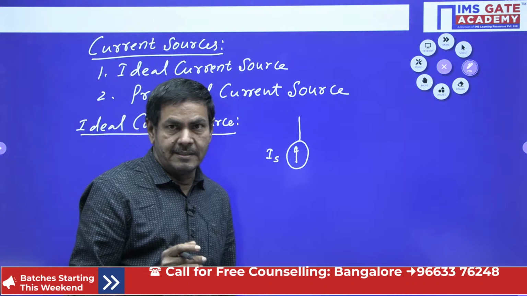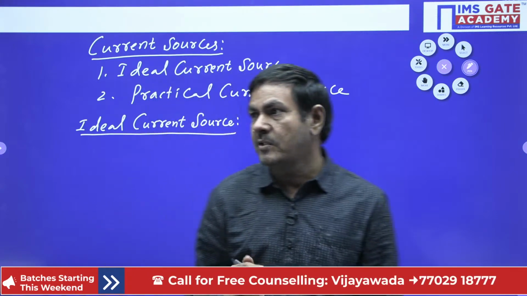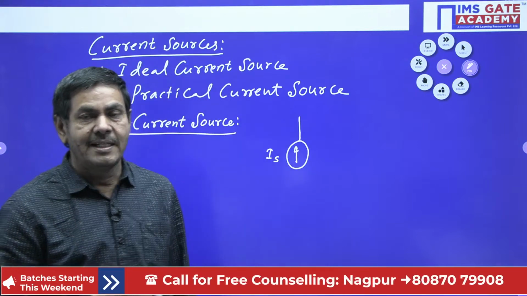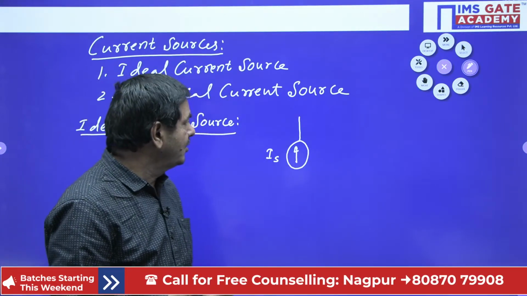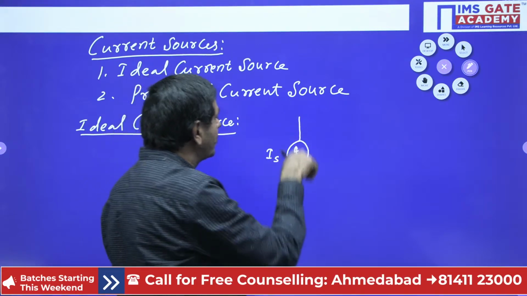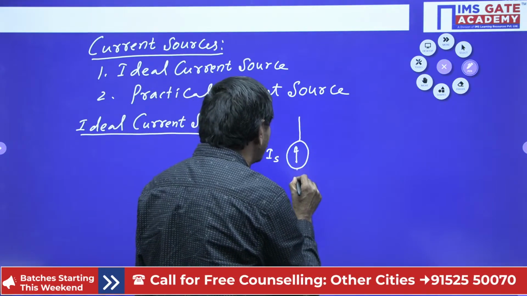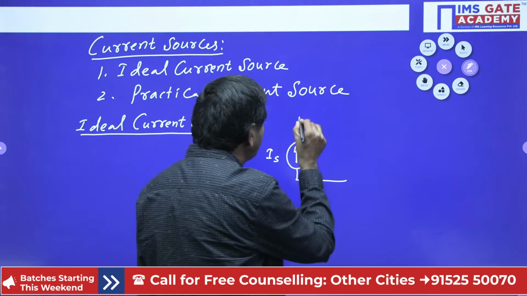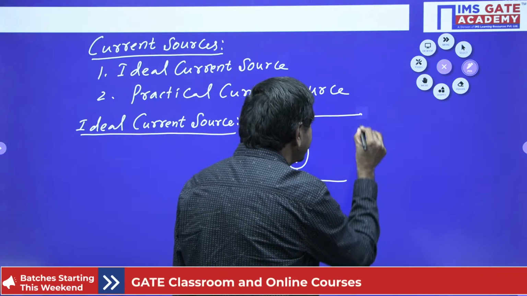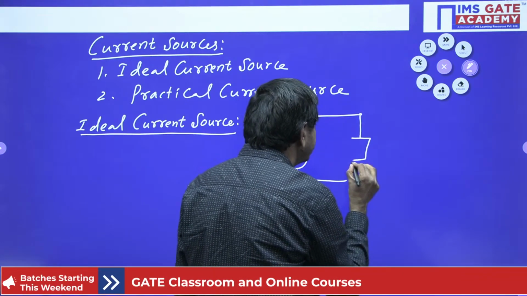In general, if there is an internal resistance, it must be drawn parallel to the current source. In the ideal case, that resistance is to be removed, that means open circuited. The source resistance is open circuited for the ideal current source. Here it is to be connected with a load.